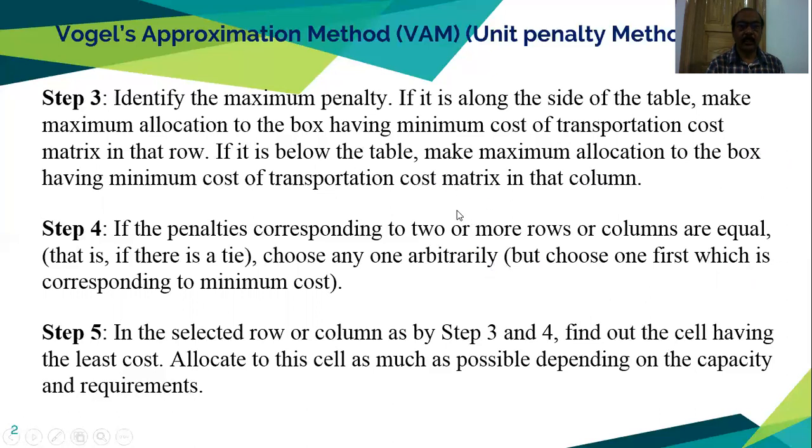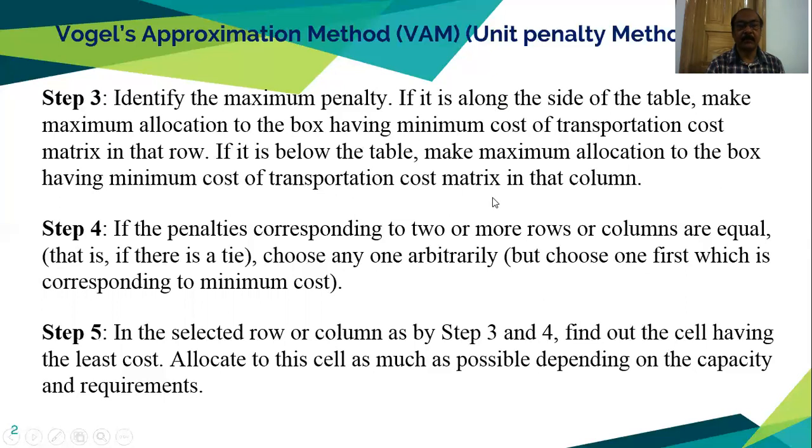That least cost cell we choose for our allocation. If the maximum penalty is along the side, that means it is a row penalty, then we find the row wise least cost and start the allocation. If it is below a column, then we select the least cost corresponding to that column and start the allocation from that.